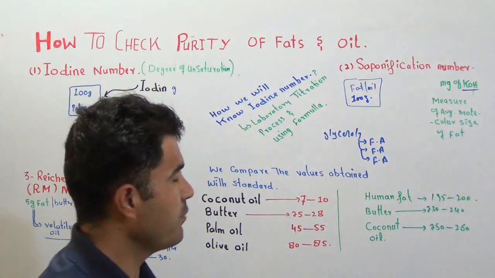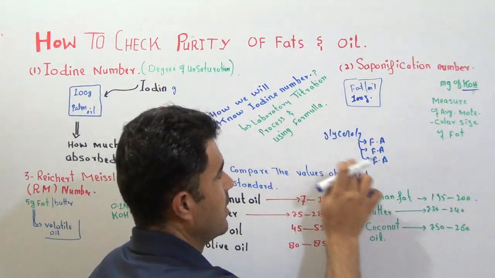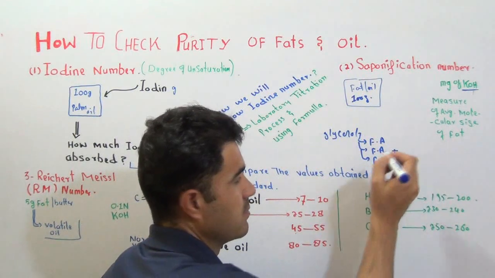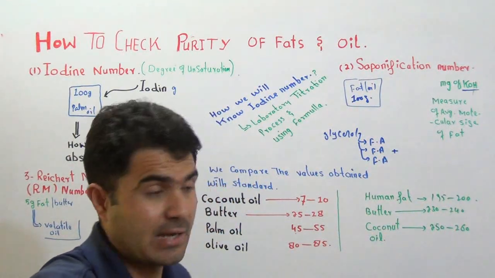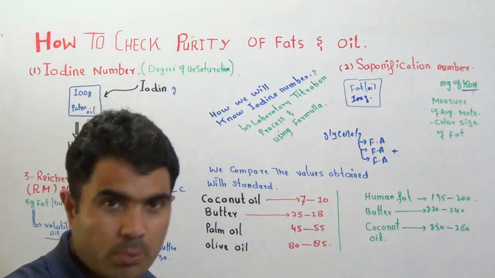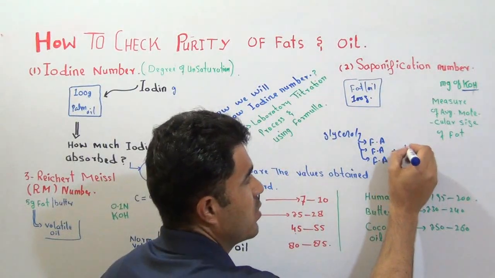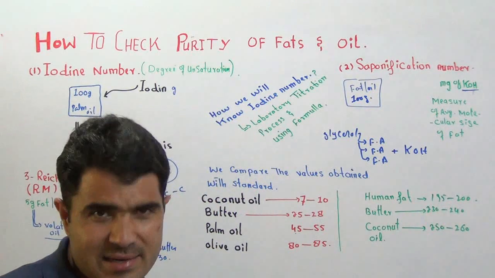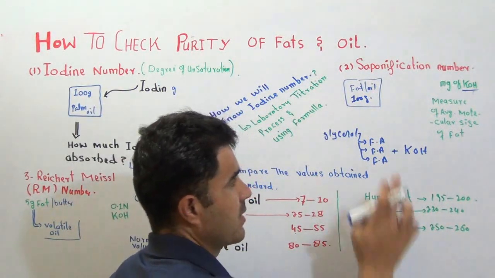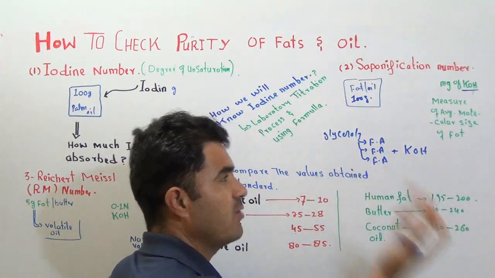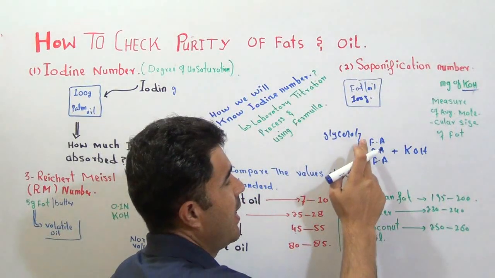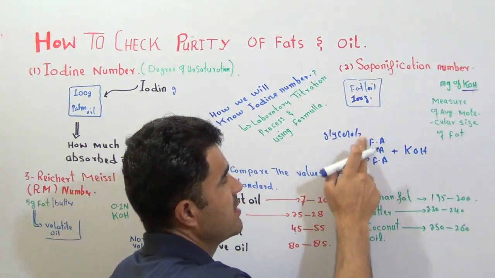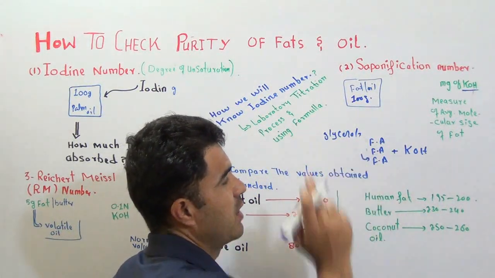Now if you react this lipid with an alkali, like sodium hydroxide in soap formation, or potassium hydroxide, both being alkalis, hydrolysis will take place and the fatty acids will be separated from the glycerol.